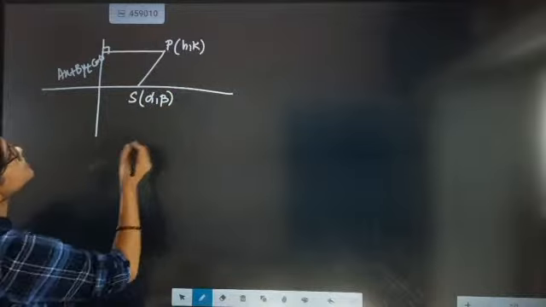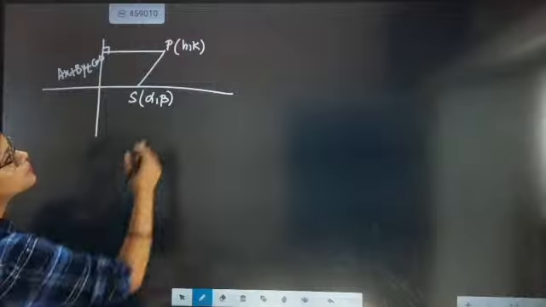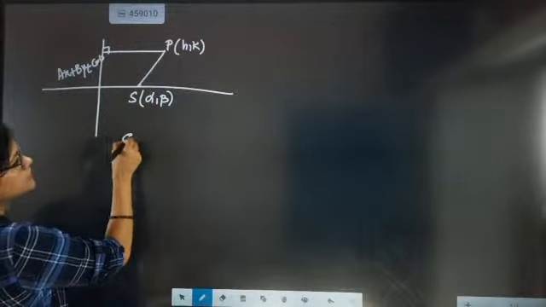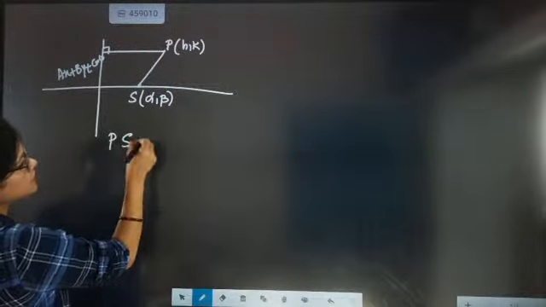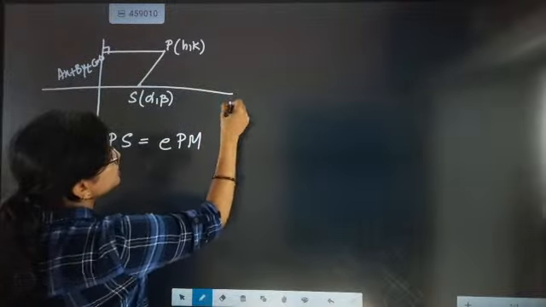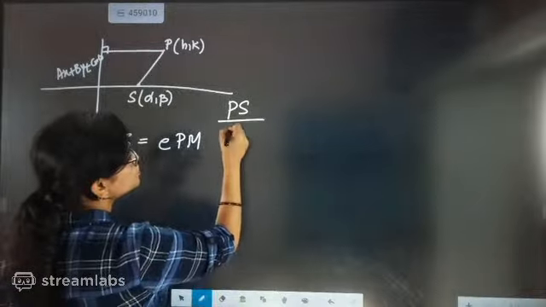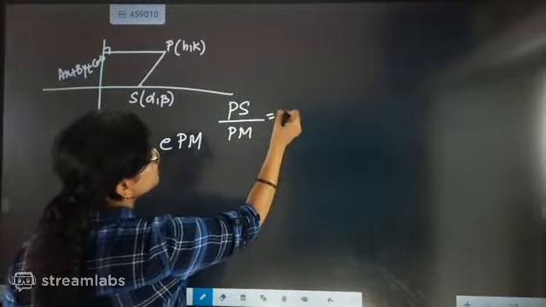Then the ratio comes in between these. We know the perpendicular distance formula. So first, the distance PS equals E into PM, because according to the definition, they bear a constant ratio. So PS by PM will be equal to E.